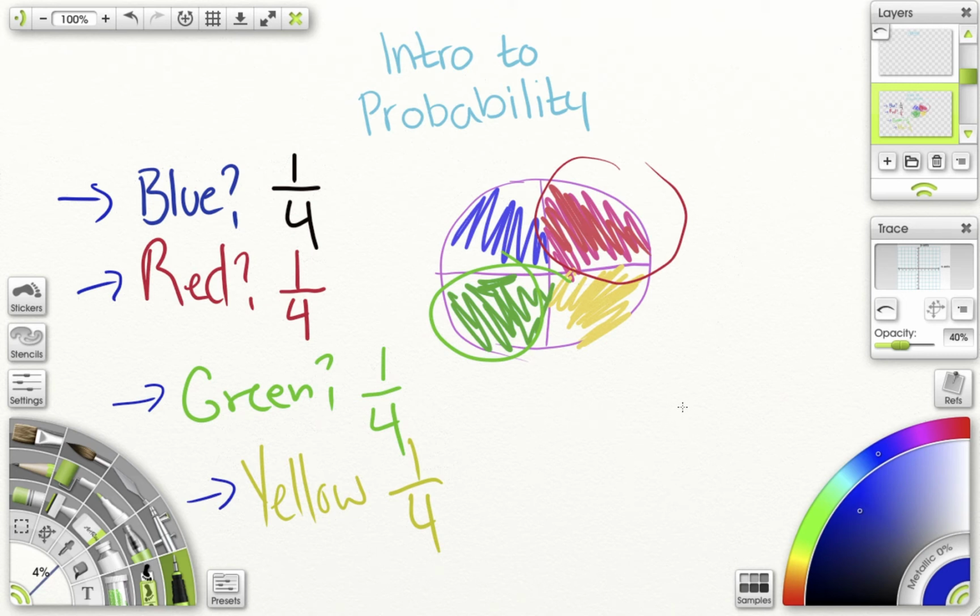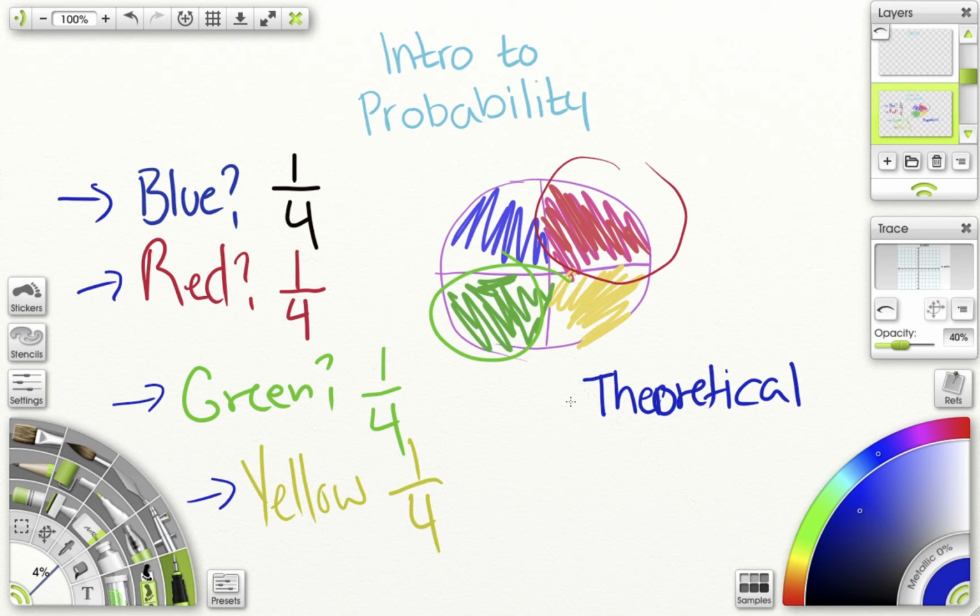What it means when I say it should land on this is called theoretical probability. Theoretical probability is if I look at a spinner and I can see each part of this circle takes up 1/4 of a circle.